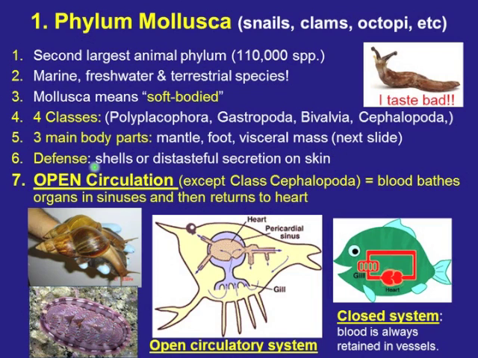And their defense: they have shells or a distasteful secretion on the skin, and they have open circulation, except the class Cephalopoda. Blood bathes the organs and sinuses and then returns to the heart, or multiple hearts in the case of squid. In the top right picture, you see a slug. It's totally bare.